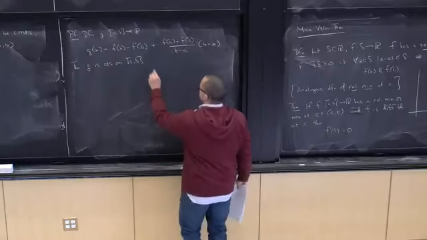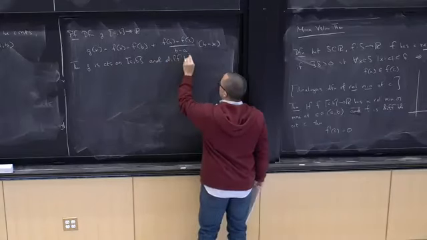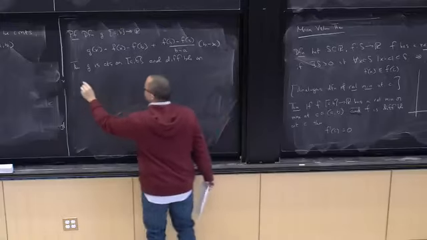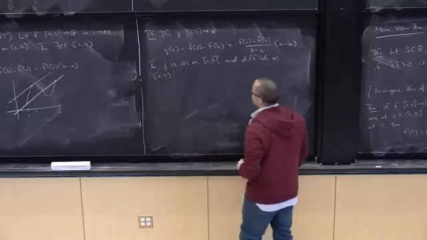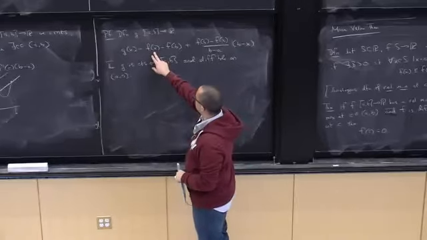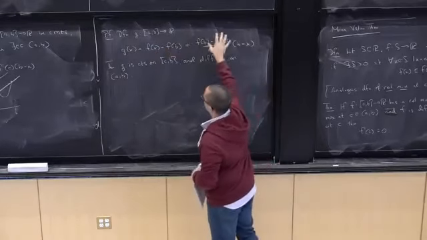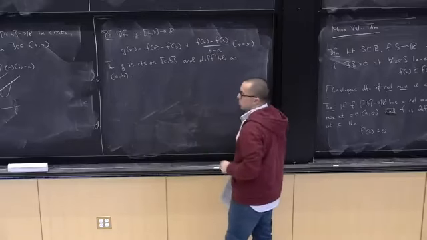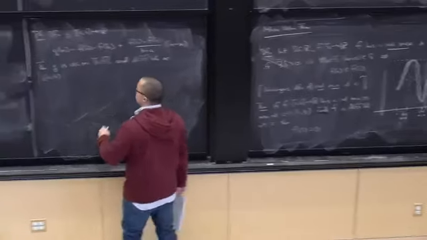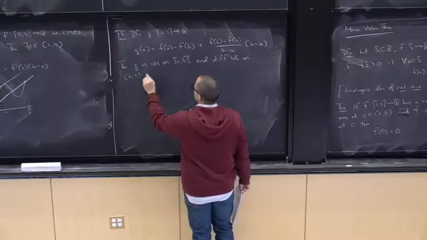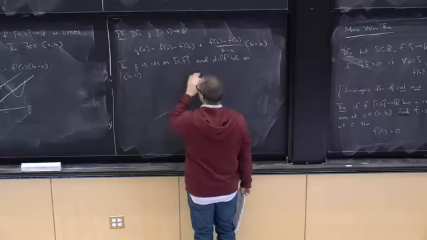So g is continuous on [a,b] and differentiable on (a,b), again because f is. f is differentiable on the open interval (a,b). This part is differentiable everywhere, so the sum of two differentiable functions is differentiable, so g of x is differentiable on (a,b). So g is continuous on [a,b] and differentiable on (a,b).